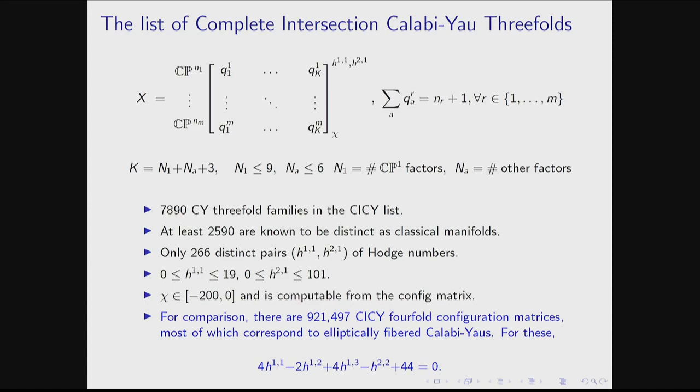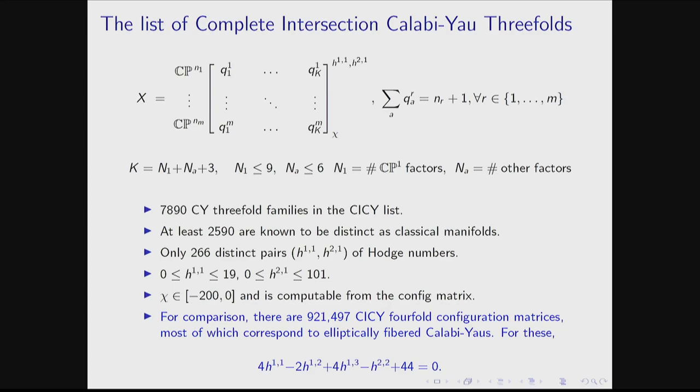And if you want a threefold, then you want the number of polynomials and the number of projective factors to have a relationship. Not sure if I've written that correctly, but that's not really very important, so I'll ignore that.